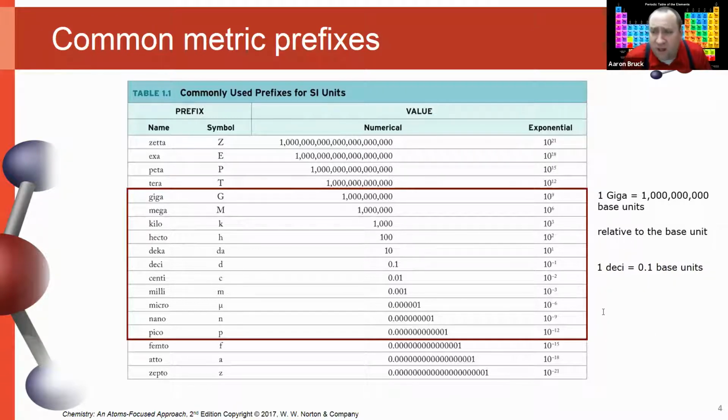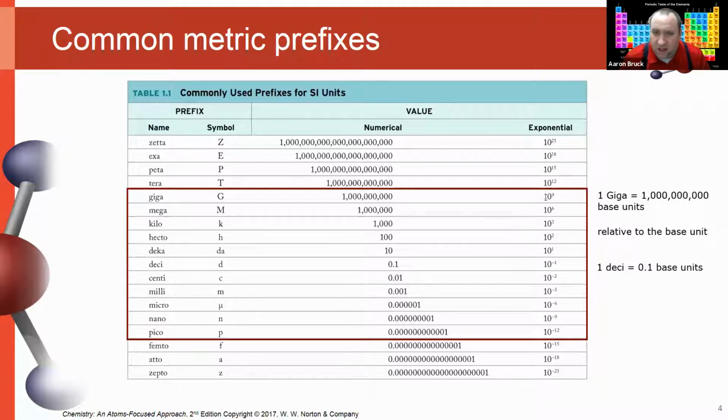Important to know, because probably one of the most common mistakes that is made by students in doing unit conversions is improperly adjusting for a metric conversion. So doing things like multiplying by 1,000,000 when you should divide by 1,000,000. Those kinds of things. So understand that these exponentials, these numerical values, apply to the base unit when you're doing a conversion.